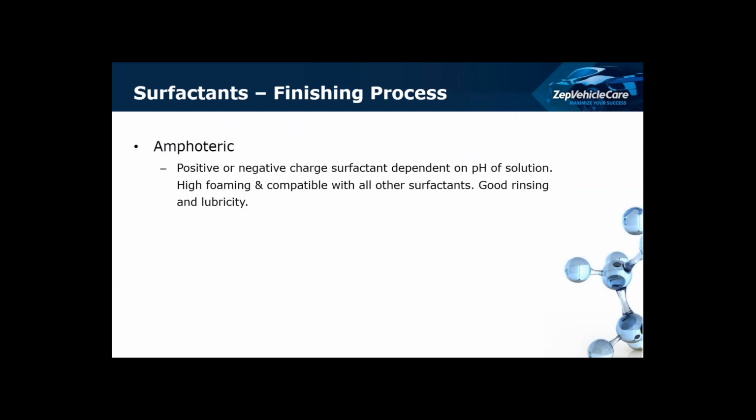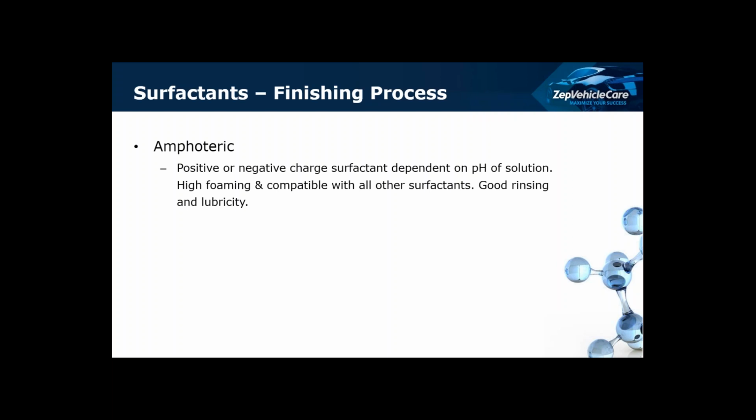So let's now look. We've talked about the cleaning process up front. Now let's look at the surfactants that are involved in the finishing process at the back end of the car wash. We have a couple. The first one is what we refer to as an amphoteric surfactant. It can take on a positive or negative charge depending on what type of formulation you put it in.